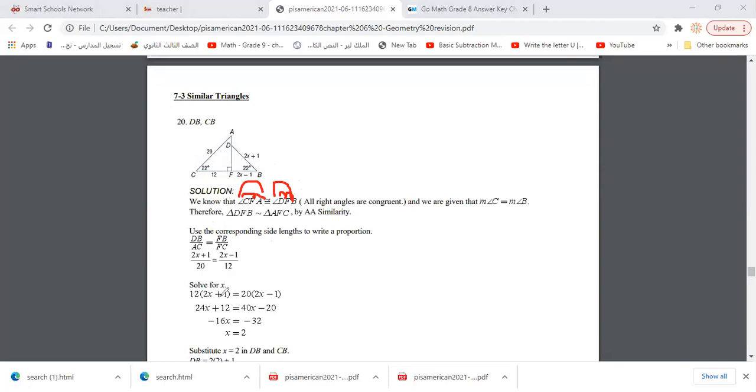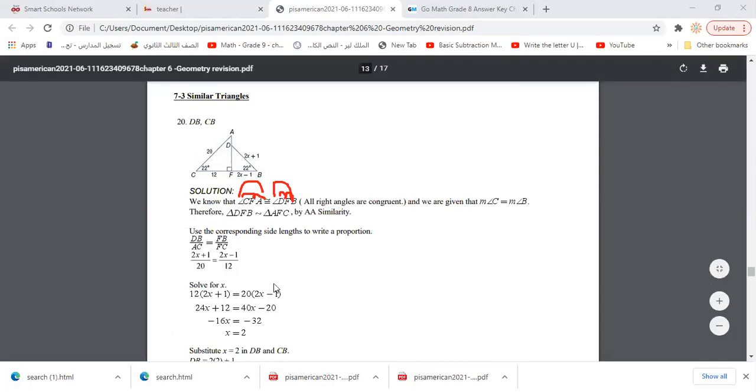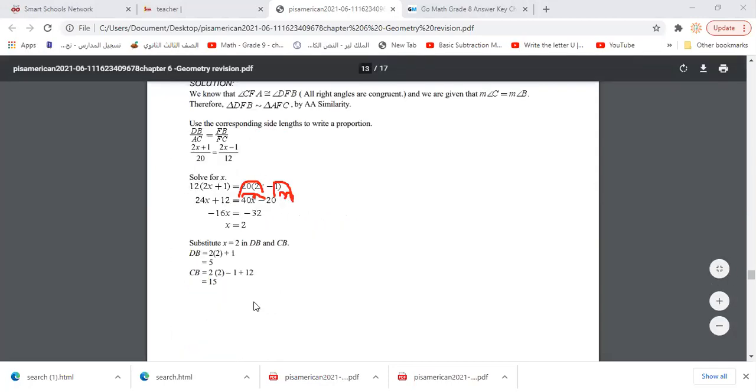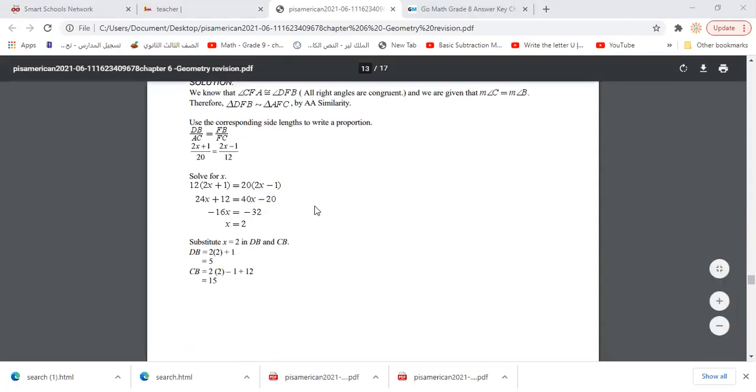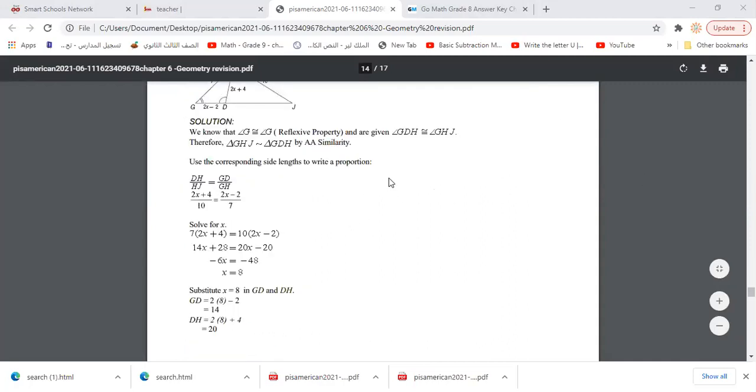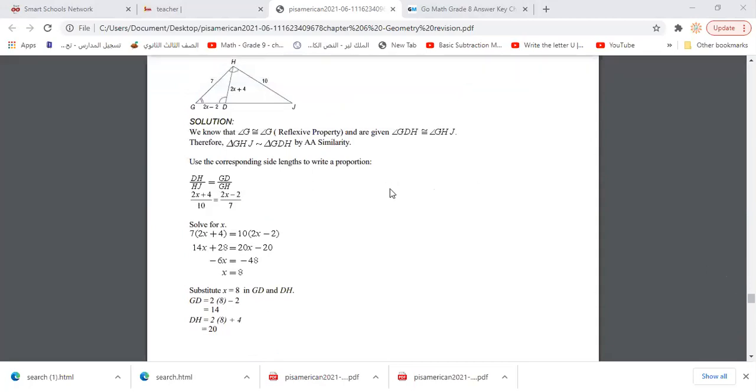You will make a cross product, and then you will distribute, and then you will solve it like a normal equation. Okay, X equals, we will take it and go back to replace it to find the length of BD and CB. So all the questions have the same idea: to prove that the two triangles are similar, and then you will replace by using proportional sides.